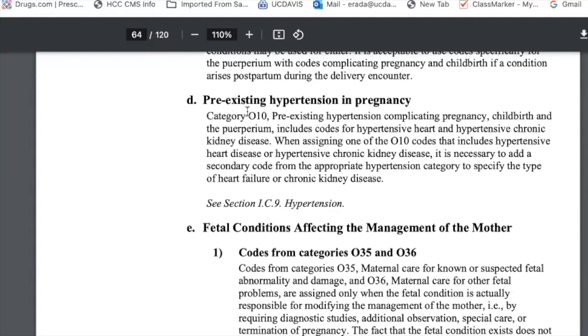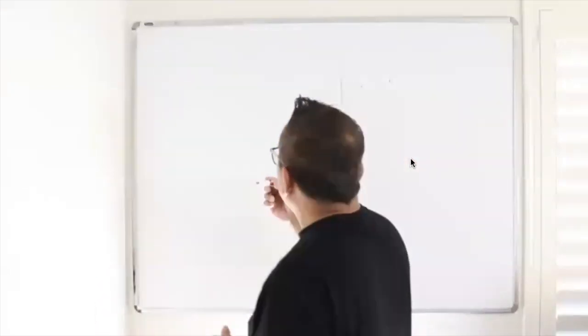O10.1, I'm on page 893. There is an instruction that says use additional code from I11 to identify the type of hypertensive heart disease. So what that actually means, guys, is that the O10 code is not enough. Okay, O10 is not enough.